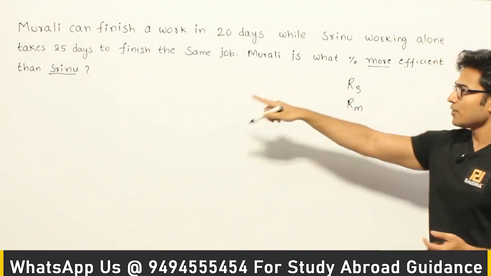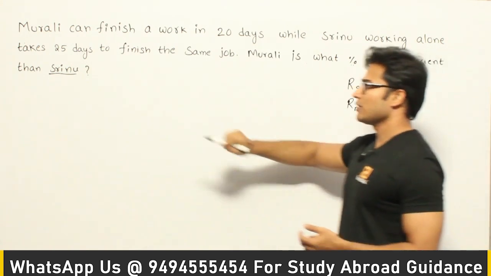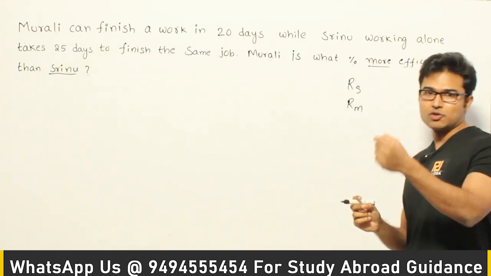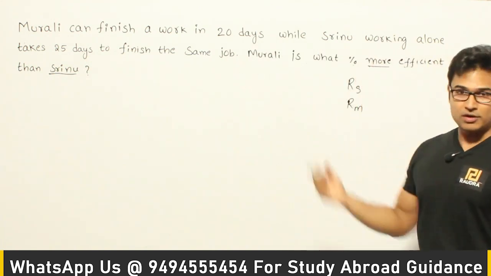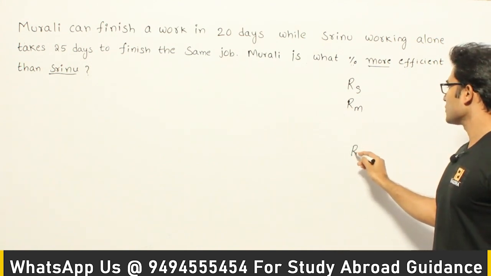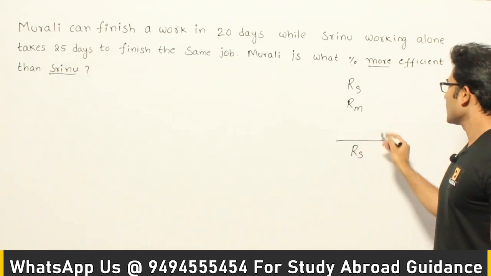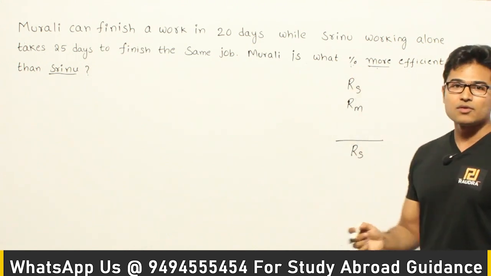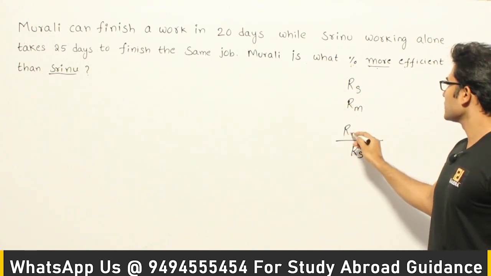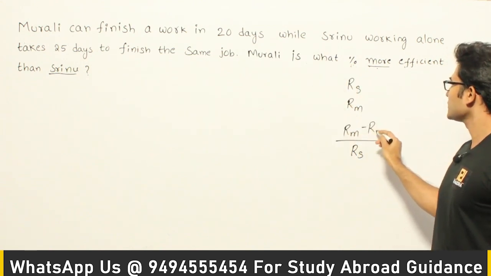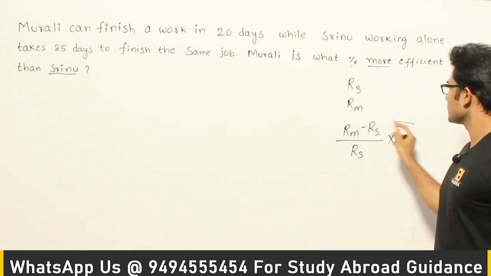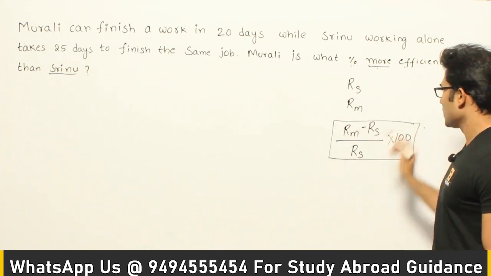Find the difference, put it in the numerator, and whatever the comparison base is, put it in the denominator. Srinu is there, therefore you put Rs in the denominator, and Murali is more, so it is Rm minus Rs, into 100. This is the required thing.